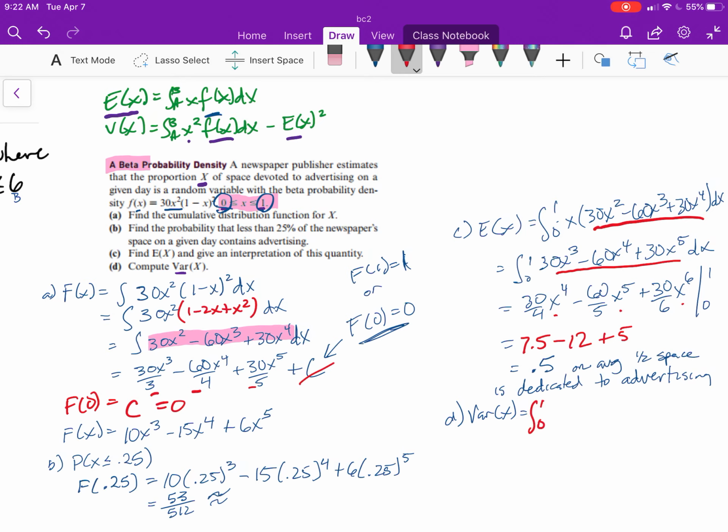So 0 to 1, 30x to the fourth minus 60x to the fifth plus 30x to the sixth. Right, because this was f of x right here, f of x times x, and I need f of x times x squared, so therefore all the x's just get an extra one. Okay, dx, and then subtract your E of x of 0.5 squared, right? Straight from this formula up here.